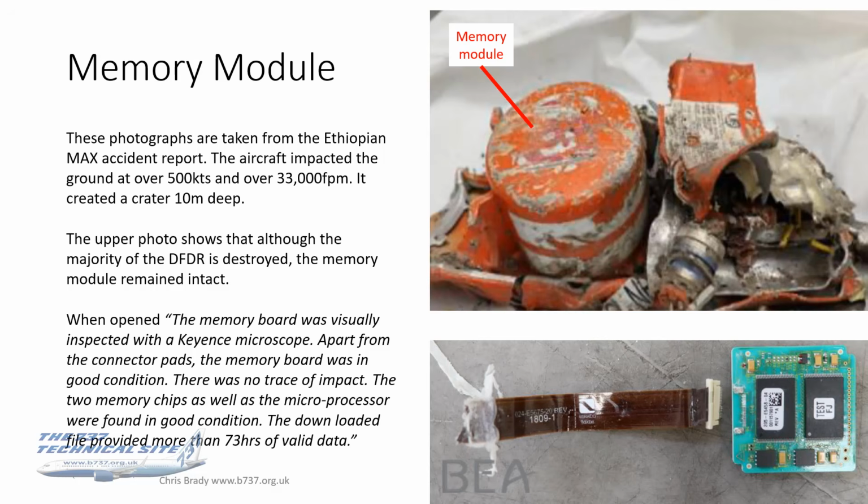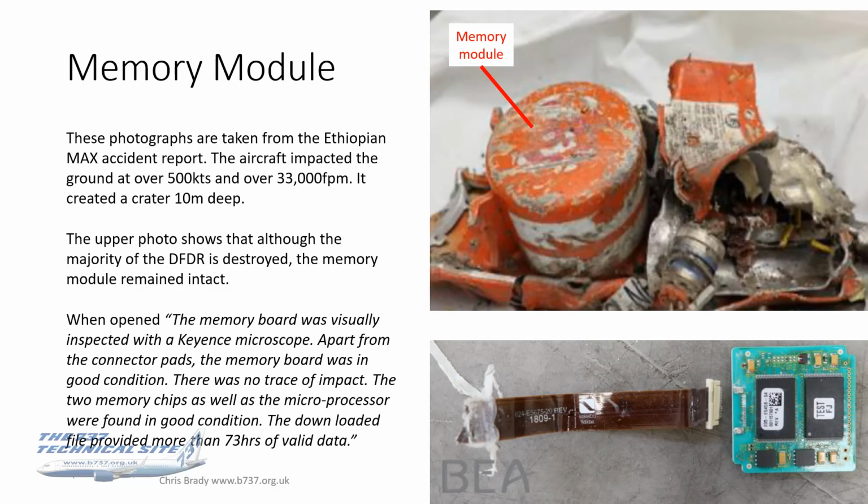This upper photo shows that although the majority of that flight data recorder is destroyed, the memory module is pretty much intact. Now the lower photo actually shows the memory chips and connector pad from that memory module. And I will quote directly from the accident report. When opened, the memory board was visually inspected with a Keyence microscope.